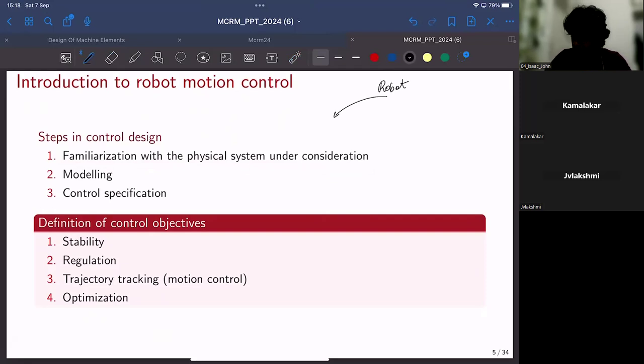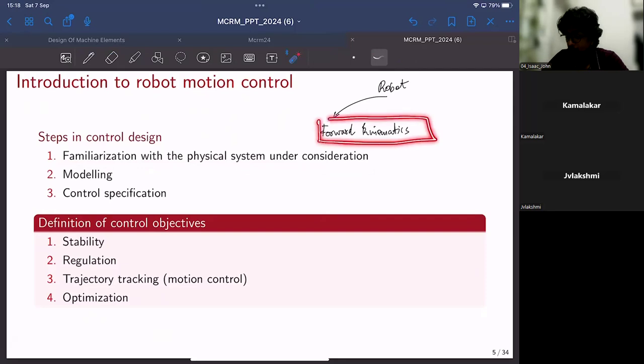The easiest thing is the forward kinematics in the case of serial robots. It becomes a wholly different story in a parallel robot, because solving forward kinematics in a parallel robot is much more difficult. But in serial robots, it's much easier.